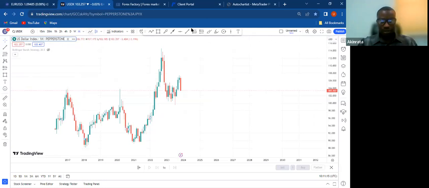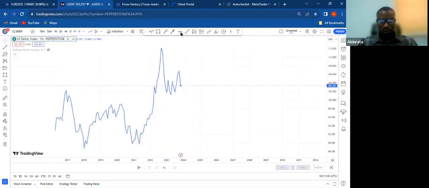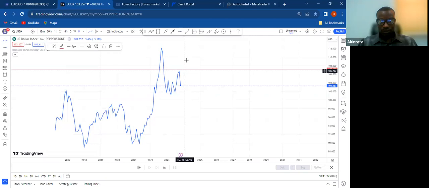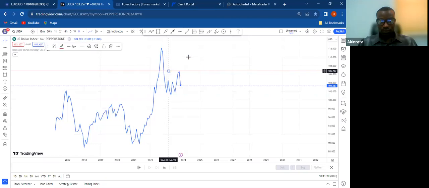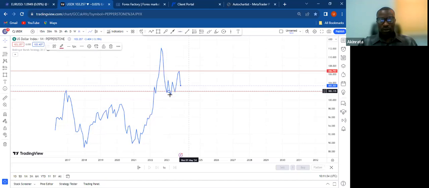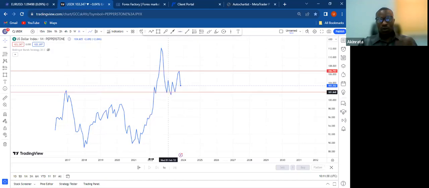First, go to line charts to mark out important areas. So this is the monthly storyline for dollar indices.